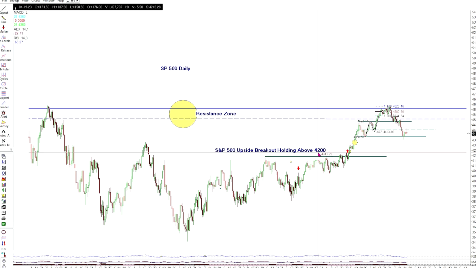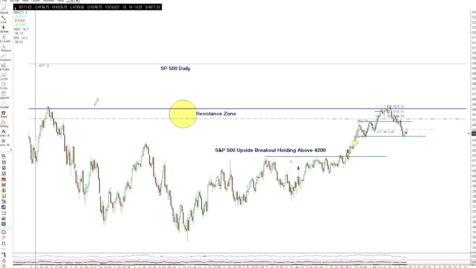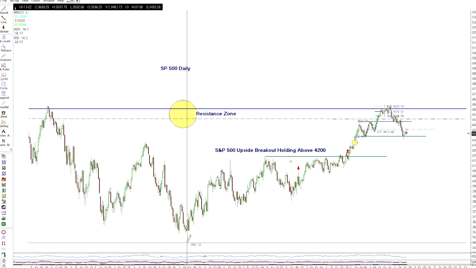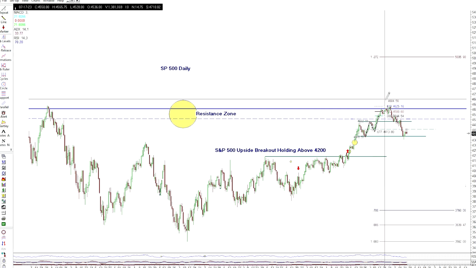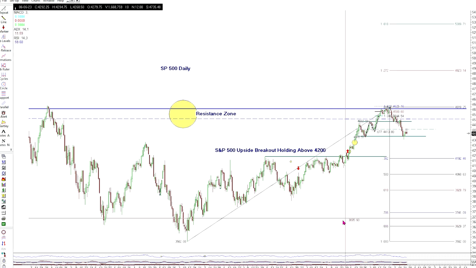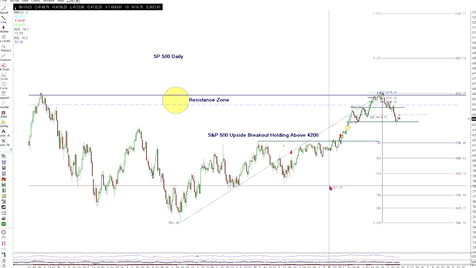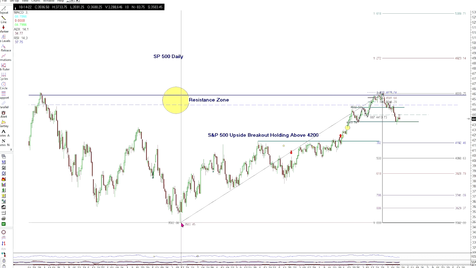So I want to do a retracement here from low to high and see what we can find that comes around that area. So the low from here, from October, and all the way up to the high that we just saw in late July, the 382 retracement is coming in right around the 4,200 level. So I would expect some support.